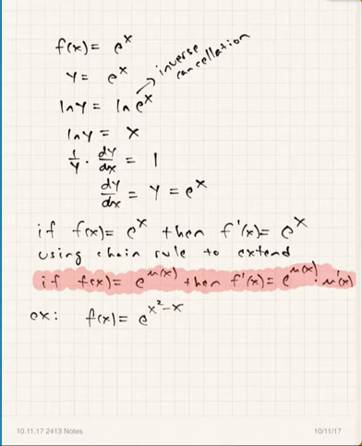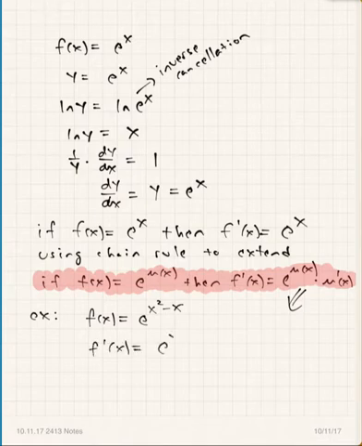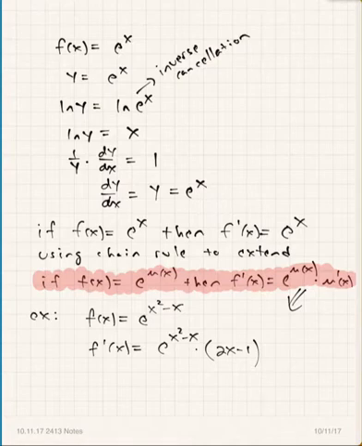And so our derivative, using this property that we've just derived, would be e to the u times u prime. So f prime of x would be the function itself times the derivative of the exponent, which would be 2x minus 1. And that would be it. That's all you would need to do. That's not too bad.